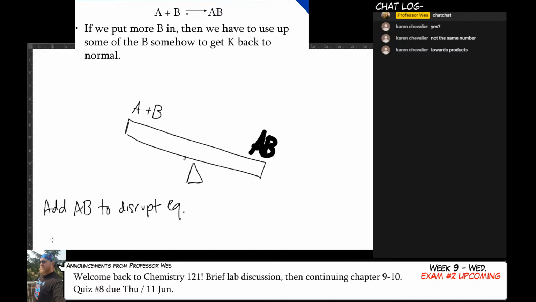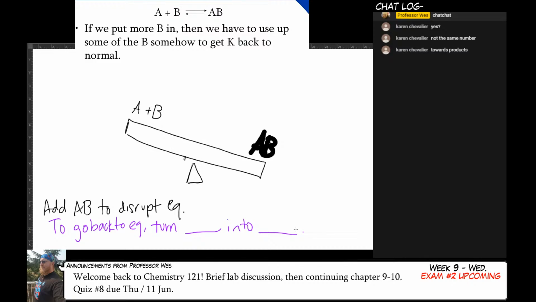Now that the reaction is in this situation, how does it get back to equilibrium? What will the products turn into? Because I have too many products now. It's not at equilibrium. Ow, I hit the wrong button. So we'll fill in the blanks there.